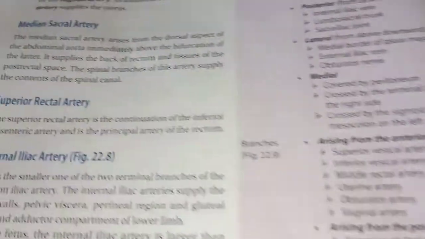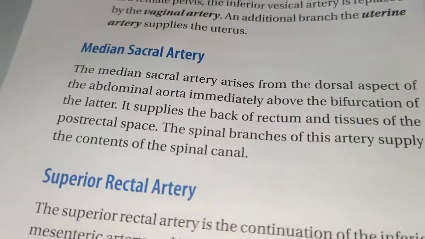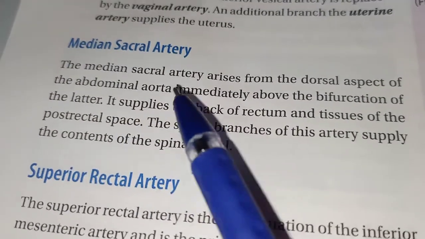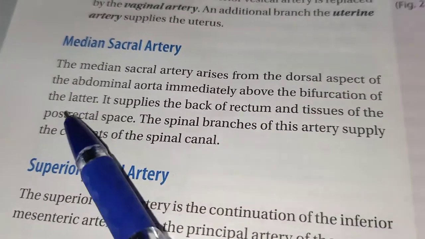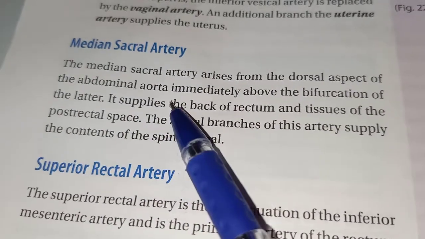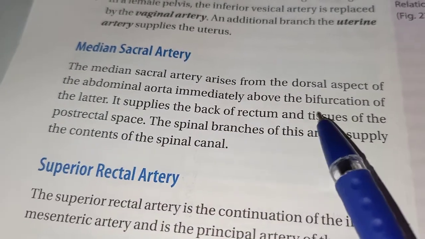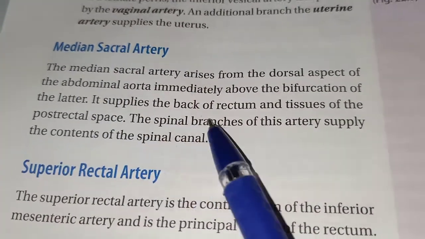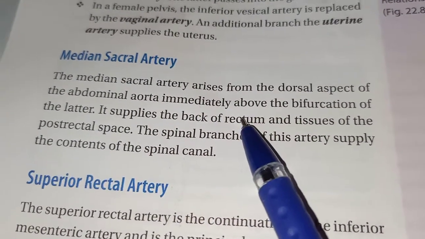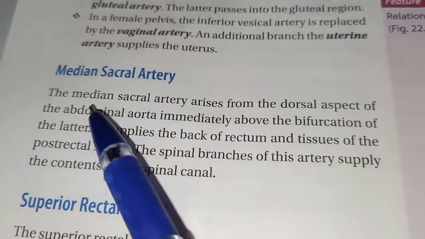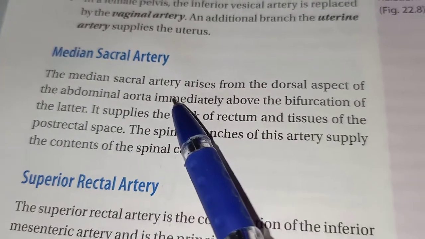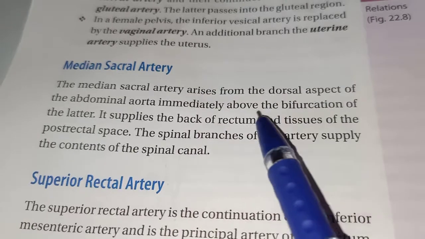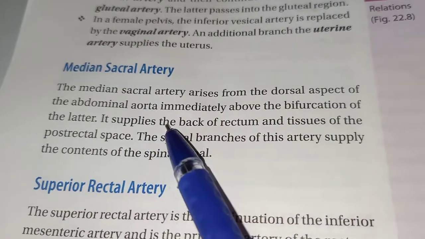Now we'll continue here with the median sacral artery. The median sacral artery arises from the dorsal aspect of the abdominal aorta immediately above the bifurcation. This I have explained in detail in my video on the abdominal aorta.